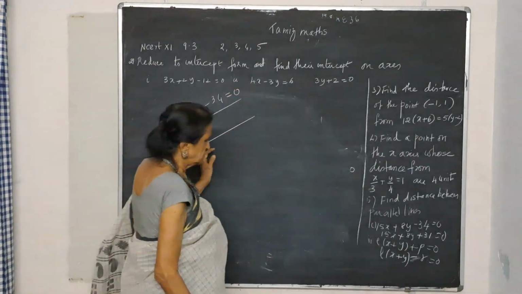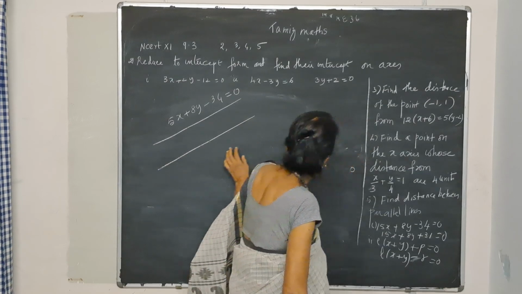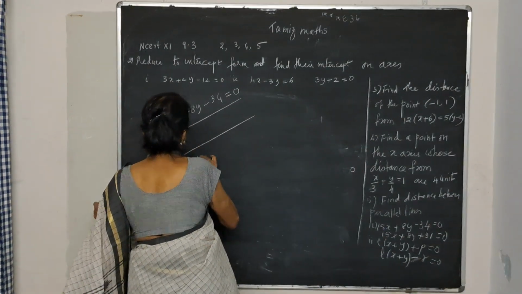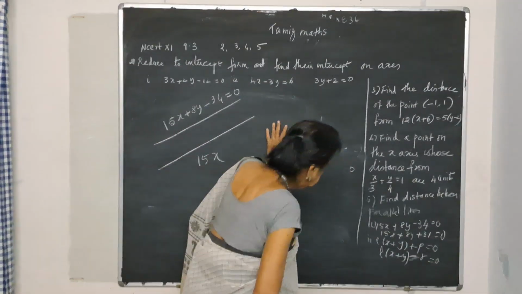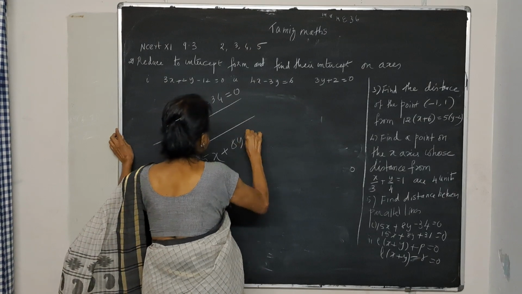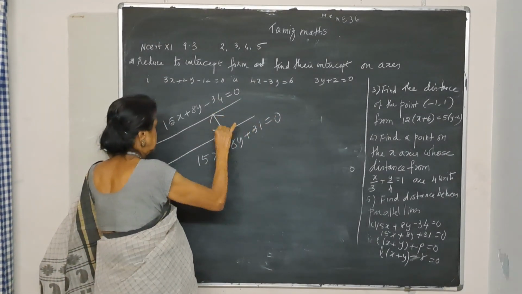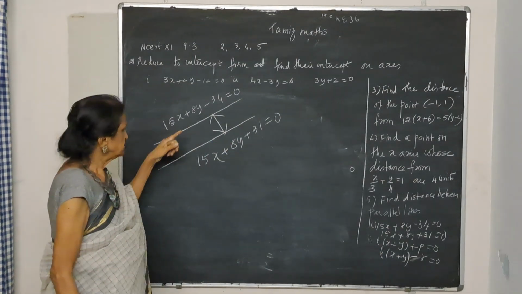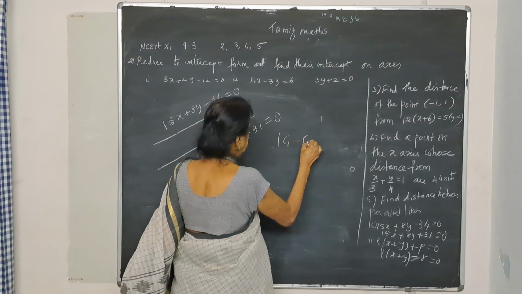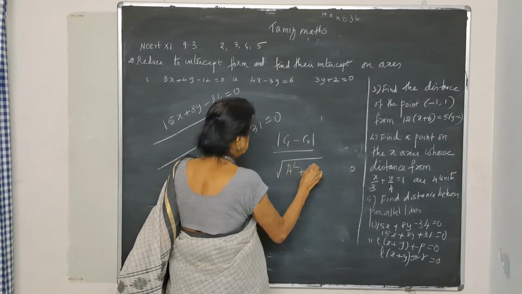Next is 15x plus 8y plus 31 is equal to 0. So we want this distance. This distance is given by modulus of C1 minus C2 by root of a square plus b square.